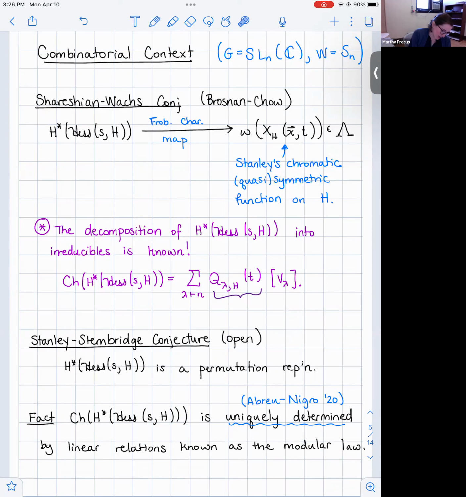So this is my representation for the character of this dot action representation. I'm using V sub lambda to denote the irreducible representation of the symmetric group indexed by partition lambda. I expect this Q lambda H polynomial to be a polynomial with non-negative integer coefficients.